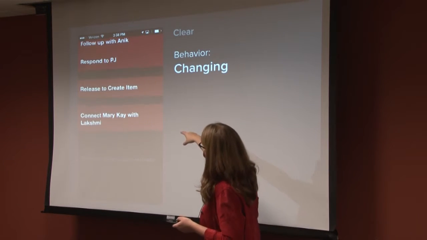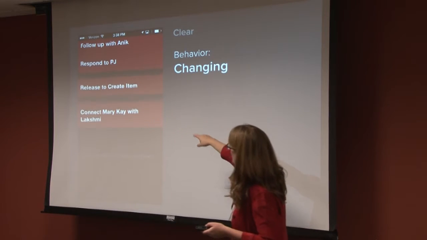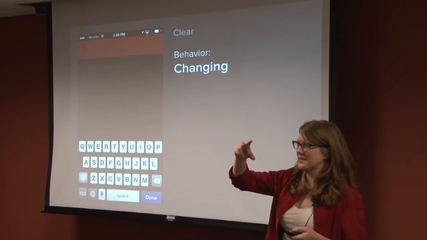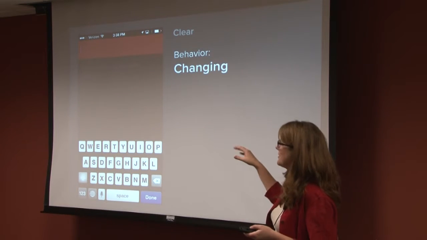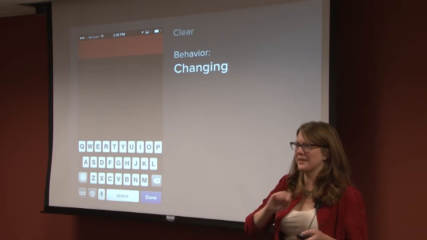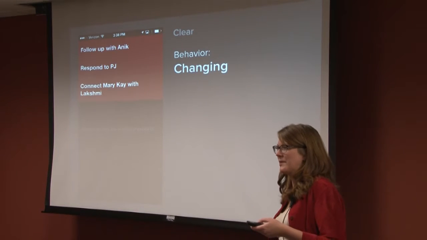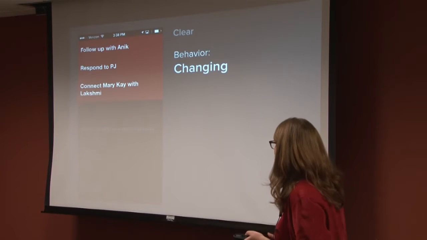And the other thing that's nice, it's hard to see here a little bit, but it says connect Mary Kay with Lakshmi. So it's still giving you that context of what is the next thing in your list. So maybe you realize, oh, I need to do this before I do X. It's nice to have the context of what's coming up next as you're writing that, to make sure you're writing a really good to-do for yourself.